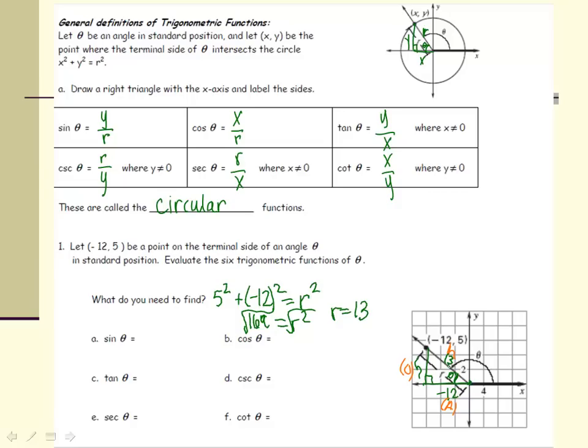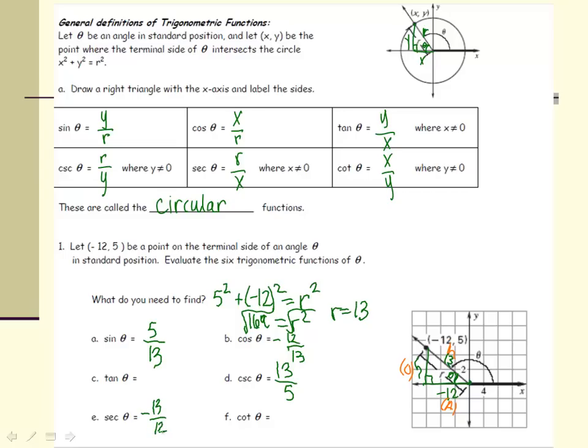So now sine is opposite over hypotenuse, so that's 5 over 13. And cosecant goes along with that, so cosecant is going to be 13 over 5. Cosine, adjacent over hypotenuse, that's negative 12 over 13. So our secant would be the reciprocal, negative 13 over 12.